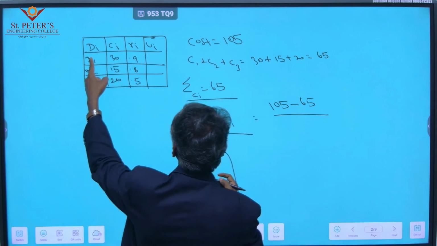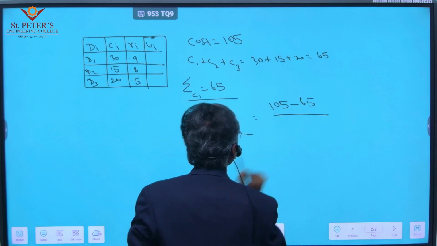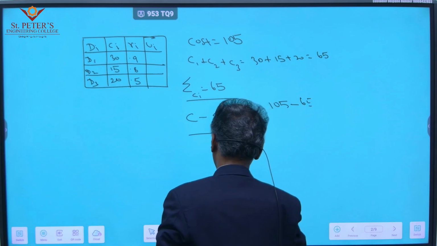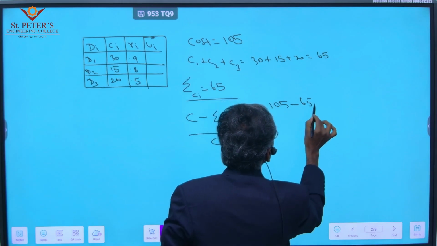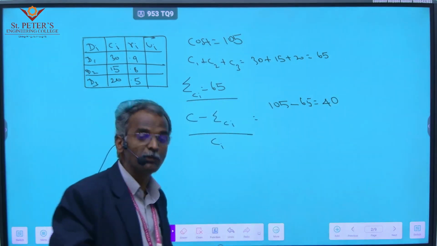If it is device 1, that cost; if it is device 2, that cost. So $40 we have remaining with this.